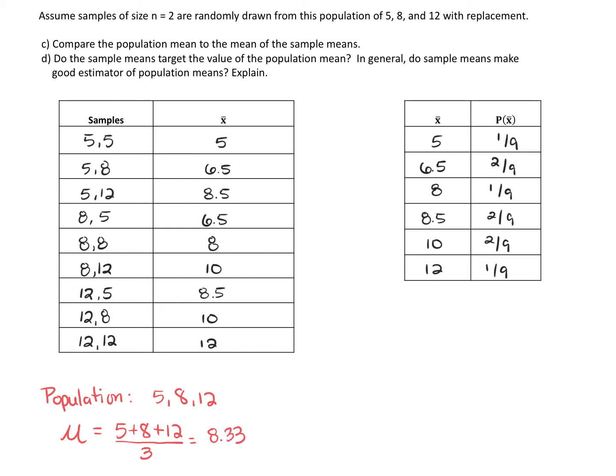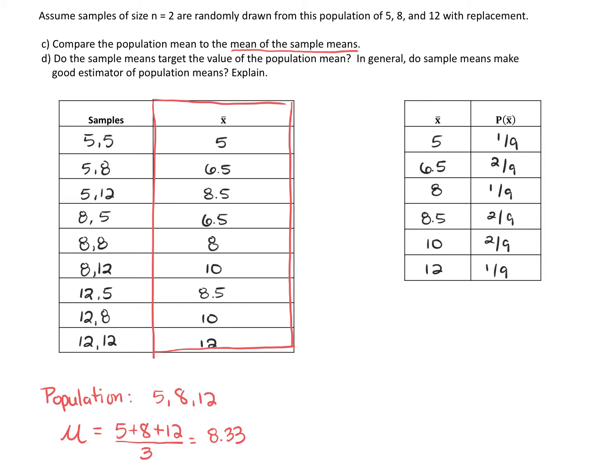And so now let's compare that to the mean of the sample means. In this column here that I'm highlighting in red, these are all the different sample means that we can get when we randomly pick two numbers from that population that contains those three numbers, 5, 8, and 12.